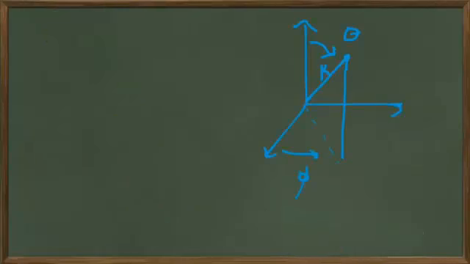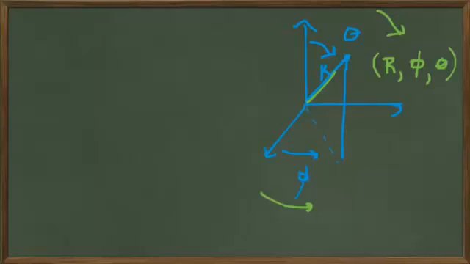So if we swing over the angle phi and drop down from the z-axis the angle theta, and then move out the distance r, we have the spherical coordinate representation of a point, which would be r, phi, theta.